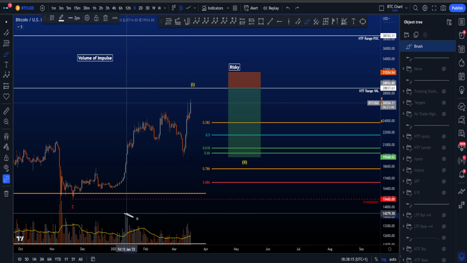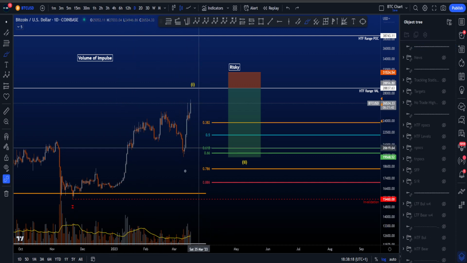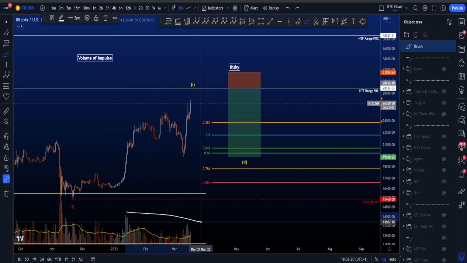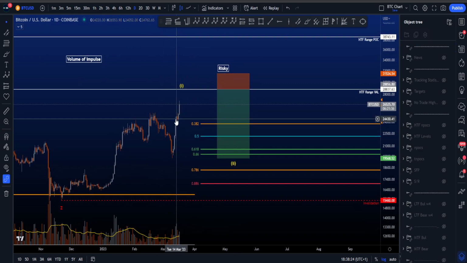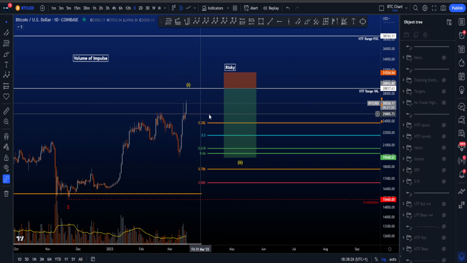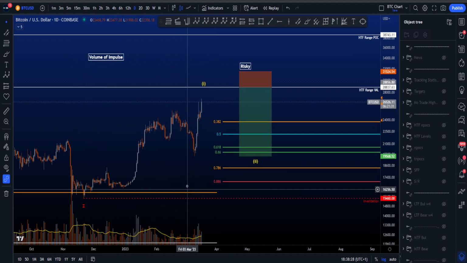However, it's still less than wave 3, and usually wave 5 has less volume than a wave 3. There are exceptions, of course, but so far it actually looks like a very nice impulse, and I hope that reading the volume together with Elliott waves might help you in your trading as well.